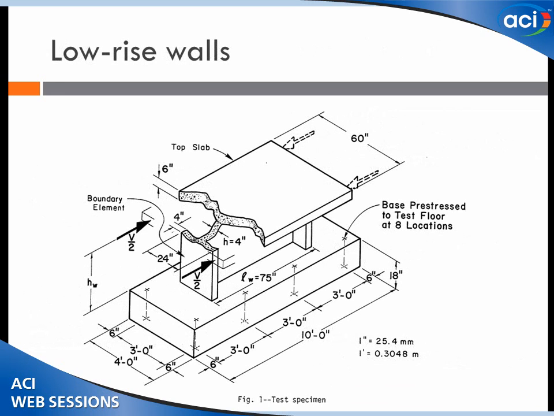The first, just looking back at the low-rise wall tests reported by Barda, these tests were conducted on low-rise walls, squat walls, with various aspect ratios, but typically 1-to-1 aspect ratio or lower, and explored what the fundamental force resistance mechanisms were in walls.